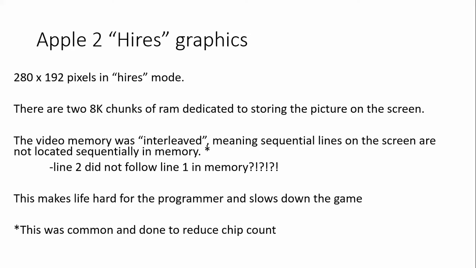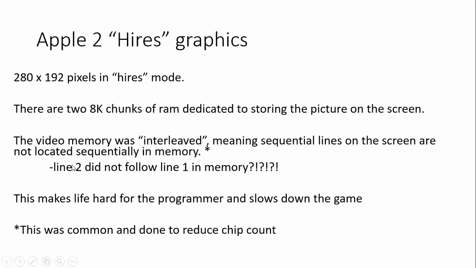All you have to understand about interleaving is that the RAM in memory is not sequential. So if you copy stuff into the screen, it will not show up sequentially on the television or on the monitor. So that's what interleaving means. The video memory is non-sequential.